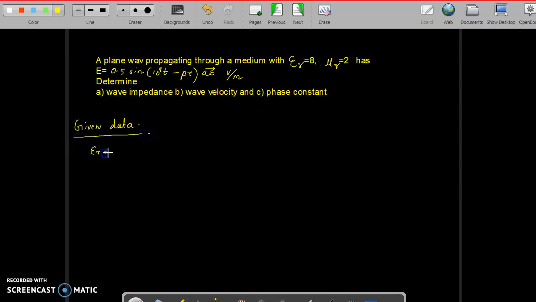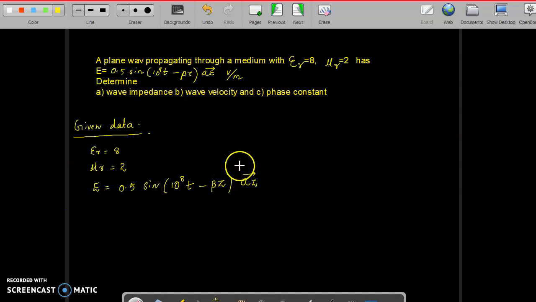Epsilon r is 8 and mu r is 2, and the expression of the field propagation is 0.5, it is a magnitude, sine(10 power 8 t minus beta z), and AZ indicating that this wave is propagating along the Z direction.